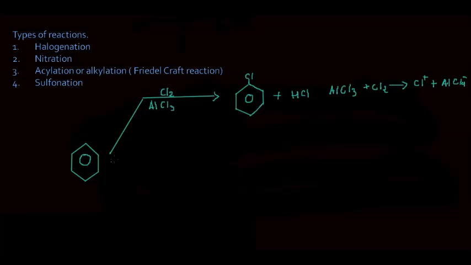The next reaction is nitration. That is, we are adding nitro group to the benzene. Now the main reagent for this reaction is concentrated nitric acid. The catalyst which we need is concentrated sulfuric acid.